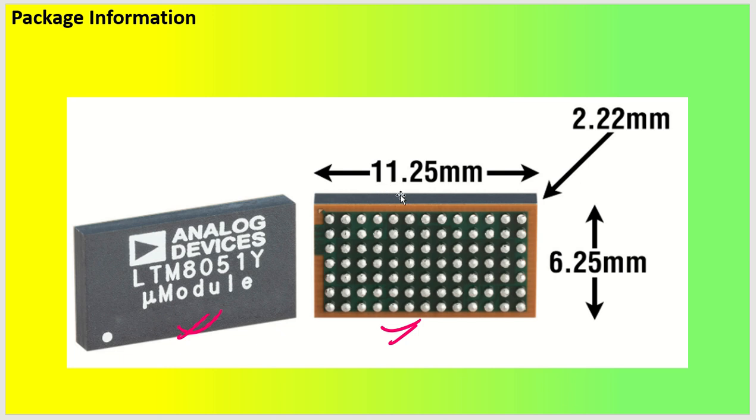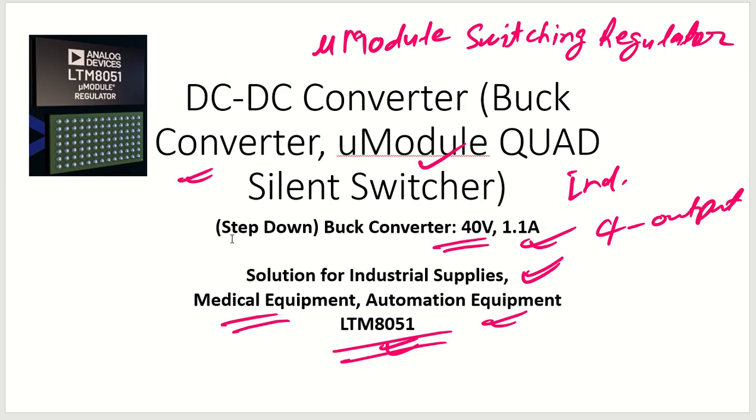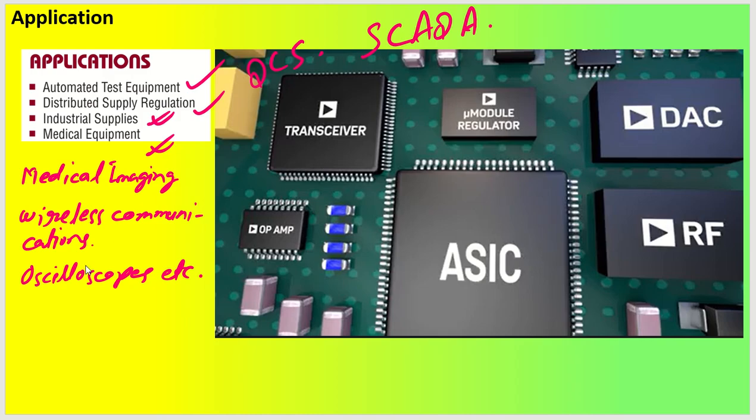and you can understand this is just 11.25 mm by 6.25 mm, and the thickness is just 2.22 mm. So hope you have an understanding now of what a micro module is and what the advantage is, how you can make use of this particular design for different applications like medical imaging, wireless applications, oscilloscopes or other measuring equipment, or designing the power supply for your DAC or RF or transceivers or different applications.